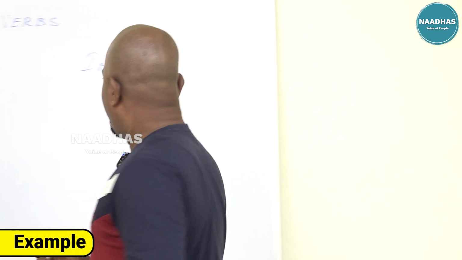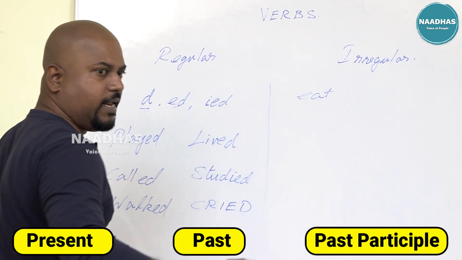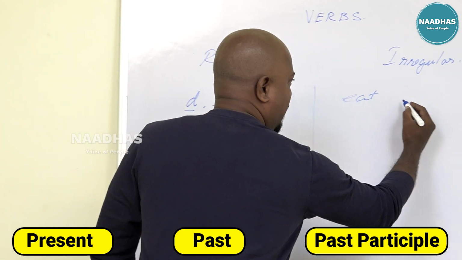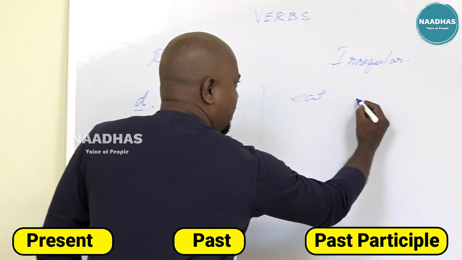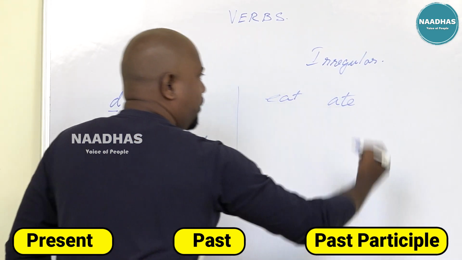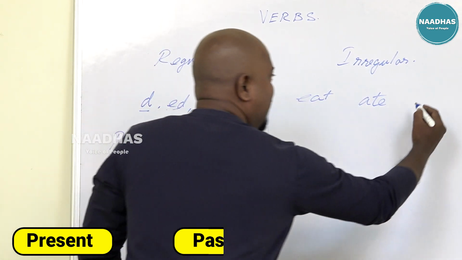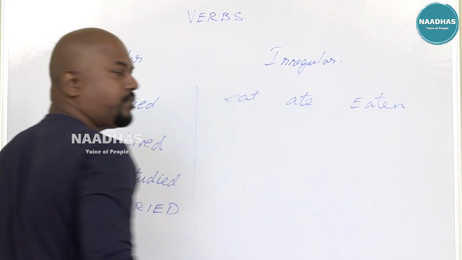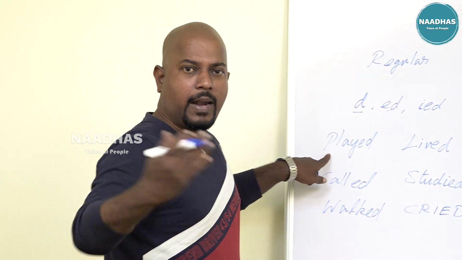Well, so I will give some examples for eat. So, I eat apples. So, what is the past tense? The past tense will be, it's not eated, you cannot add just ed, it is ate. This is the past tense, and past participle form is eaten. All right? See, for example, play, played, played.